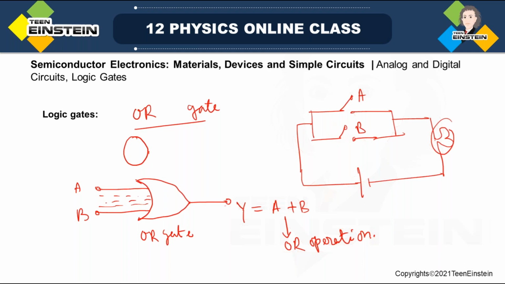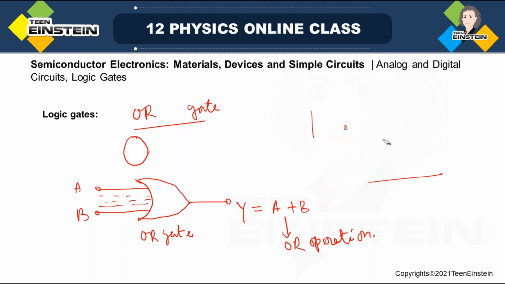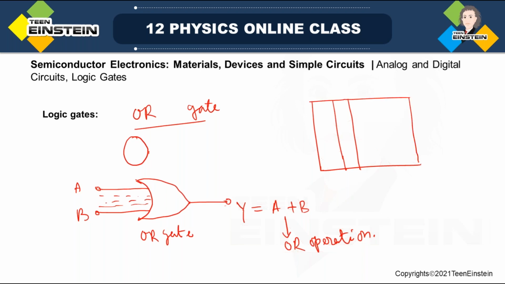Okay, now let me write down the truth table for this. Let me for the time being take 2 inputs.